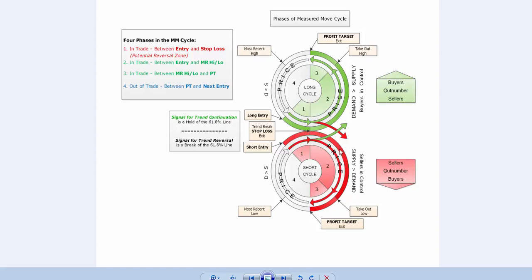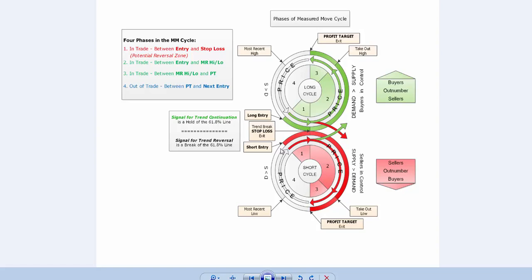And then what happens? It takes out its previous low. The profit target is hit, and now we're inside of a new 50% short. The market retraces up into a new short entry, and we continue the series of traditional or extension shorts until the trend changes.